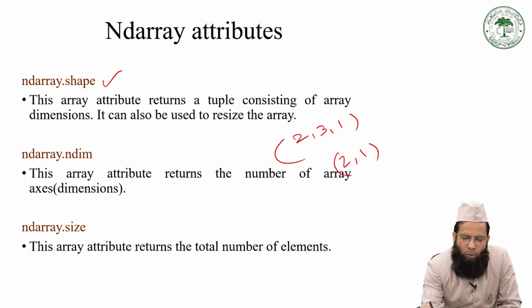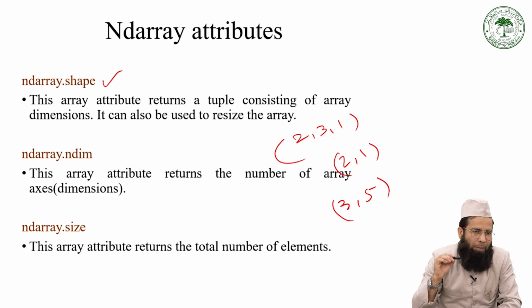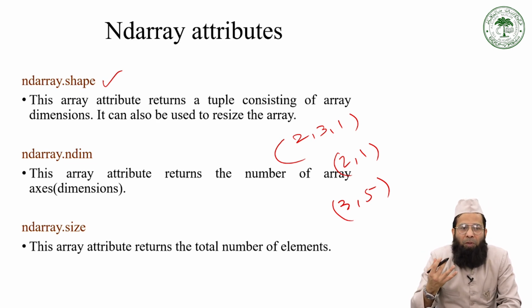That means 2 rows and 1 column. Similarly, 3, 5 means 3 rows and 5 columns. Suppose we have created a NumPy array and you need to find out its shape. You can print this value and you will get the shape.